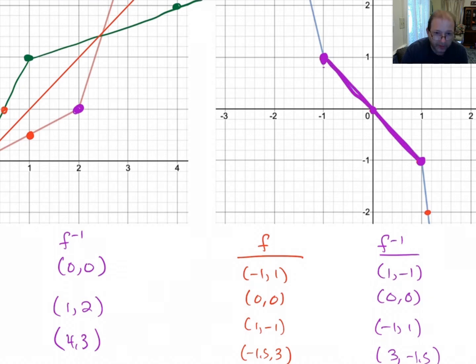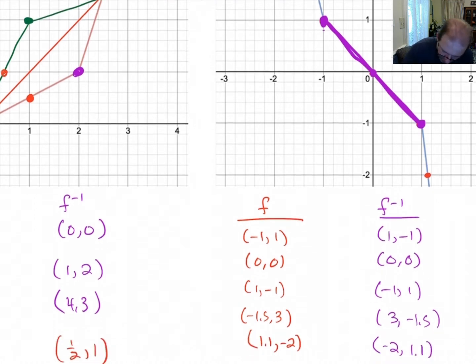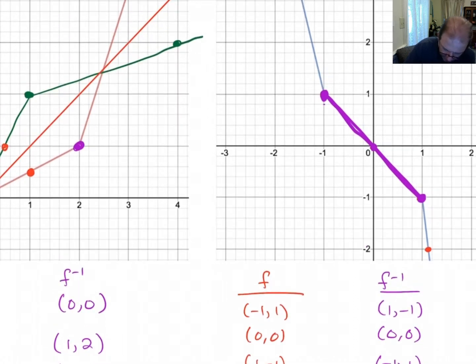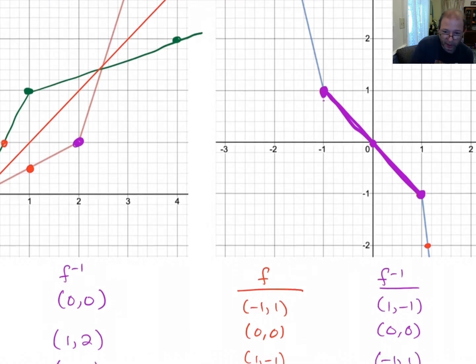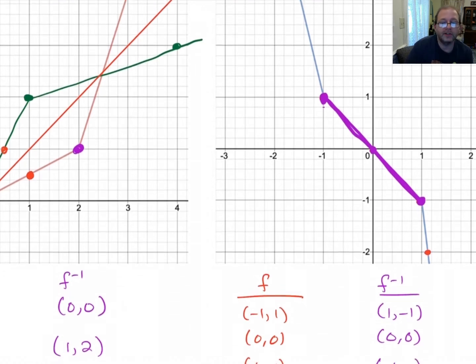Then (3, -1.5), so that goes off of my chart. It would be down here-ish, maybe closer to there. You can't see that, so let me adjust this slightly.